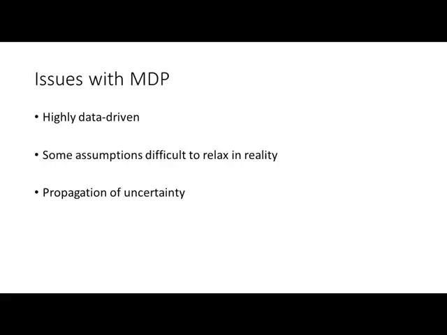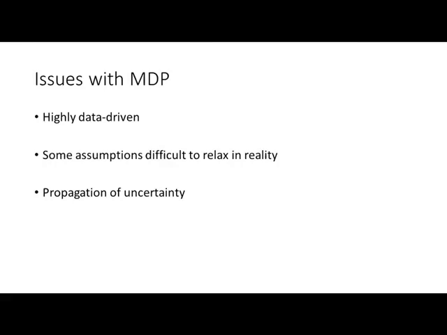I'm just going to talk about issues from my own perspective, from my own experience. Markov decision process is highly data-driven. You have to have data to derive transition probabilities. You have to have the data to estimate reward, and so on. So it is highly data-driven, which means your empirical results are highly dependent on what kind of data you used, right?